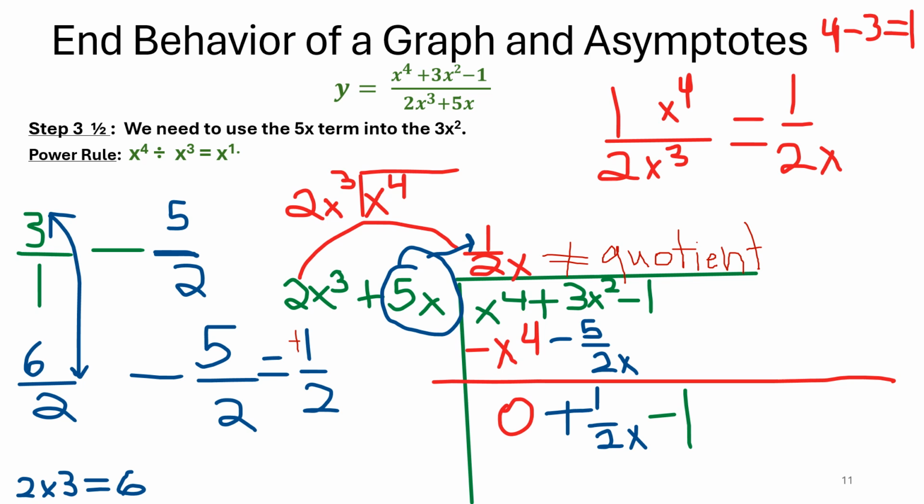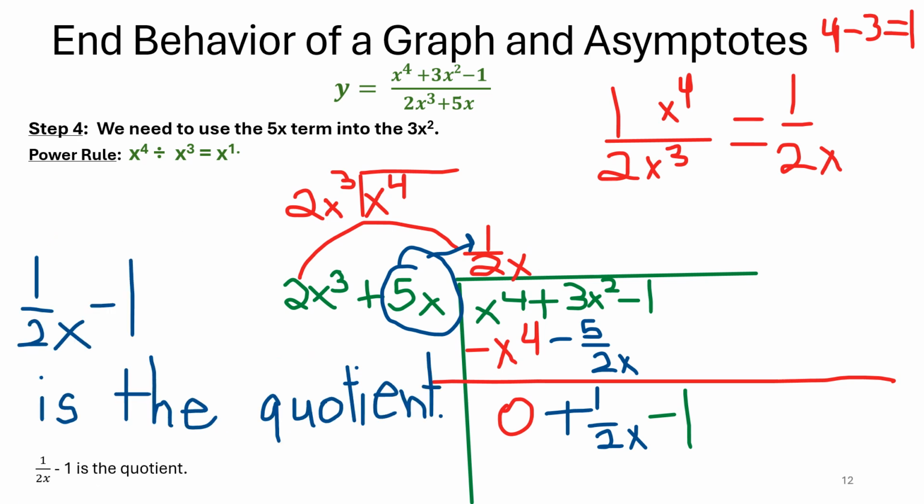Your quotient is down here. This is just what you're doing to go along with the stuff. This is your remainder, which is half x minus 1 anyway. Or you could say this, you could come back up here and put minus 1 and make it the quotient. But right now, because you divide it out and you have a remainder, your quotient is at the bottom.